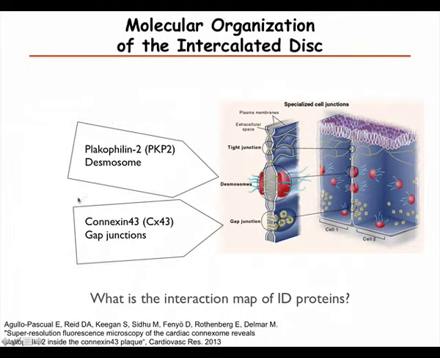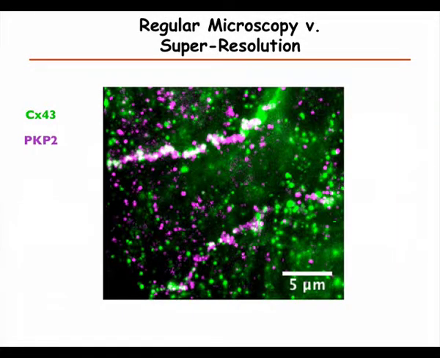So what they decided to do is to look at this in more detail. Now this is a regular microscopy image of the gap junction of the intercalated disk, and the intercalated disk is here and about here. So these are the cells.